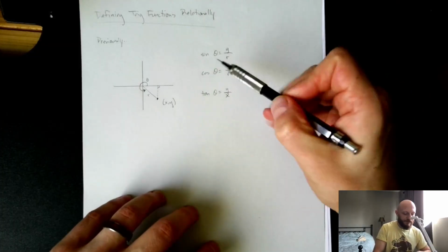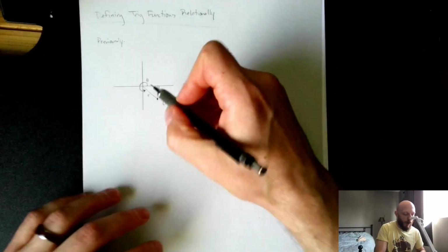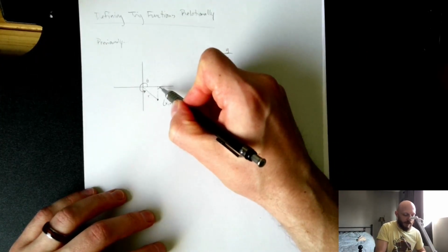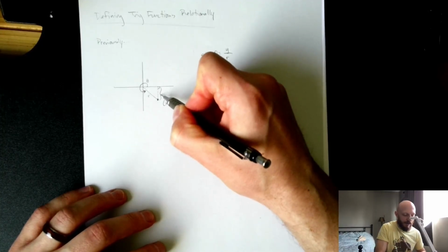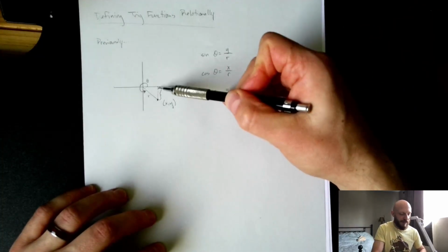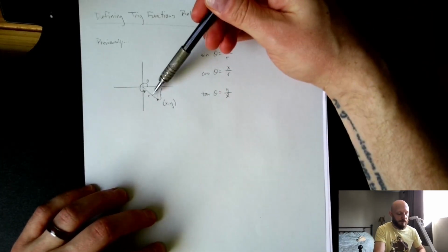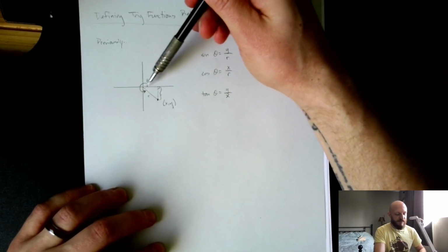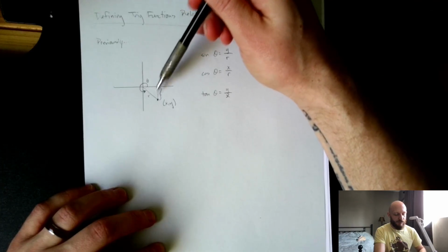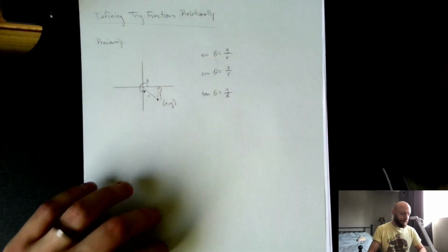So for instance, sine theta, y over r, well, y is really just this length right here. So it's just this leg of the triangle divided by the hypotenuse. Cosine theta, same thing. It's the x leg of the triangle divided by the hypotenuse.